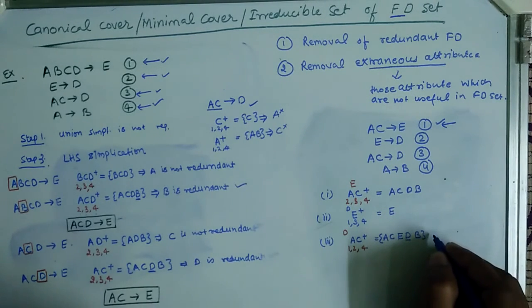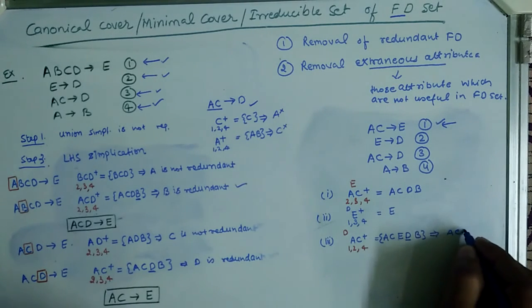So this will lead to the conclusion that AC tends to D is redundant.